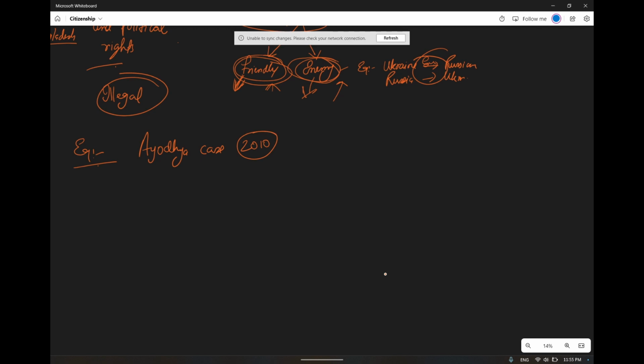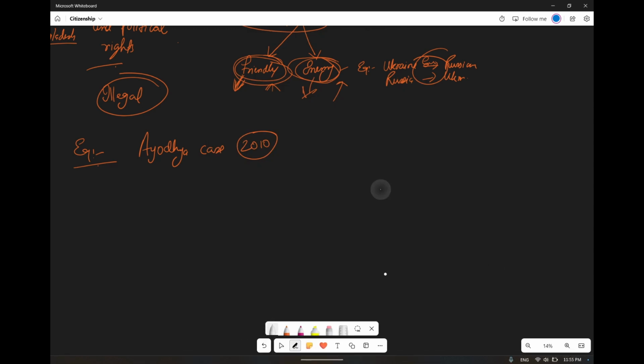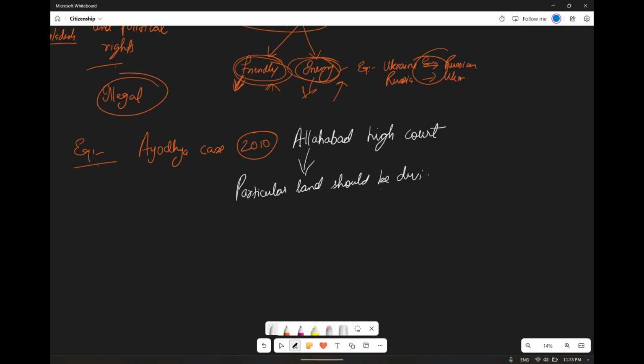So in the Ayodhya case in 2010, the Allahabad High Court said that the land for Ram, where this case was going on, the particular land, should be divided into three parties.